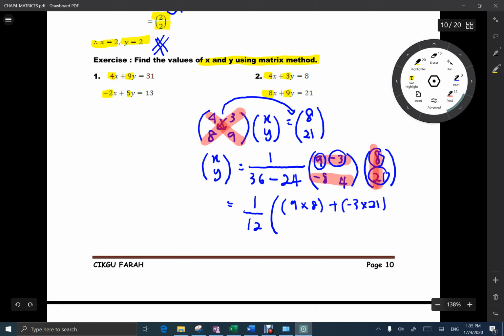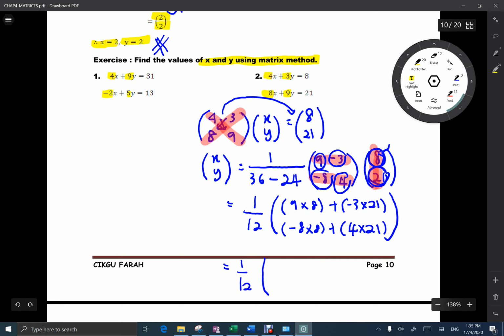Row times column. So negative 8 times 8 plus 4 times 21. Okay, so kita solvekan. 1 over 12.